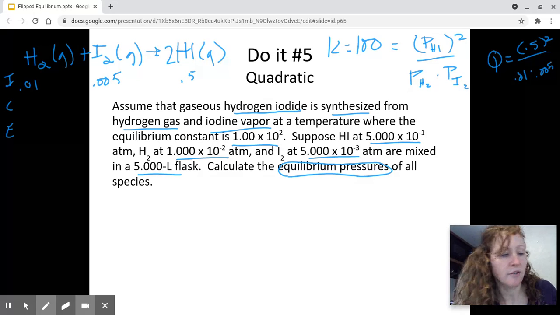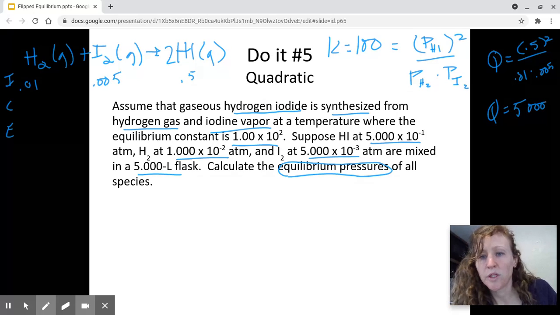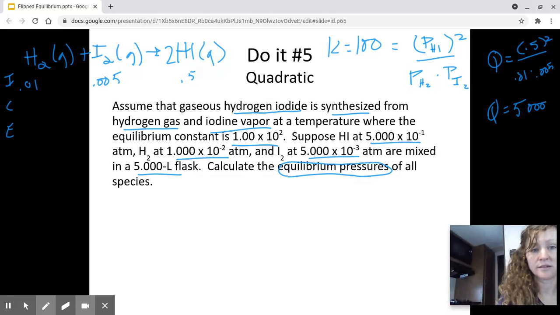So my Q is at 5,000, which is bigger than K. So since my Q is bigger than K, my reaction needs to shift away from products.